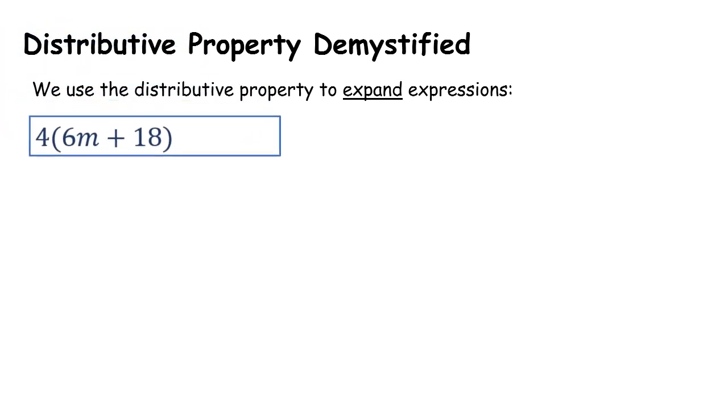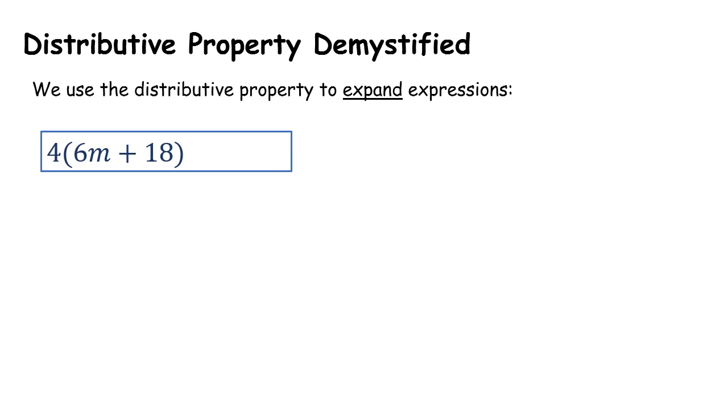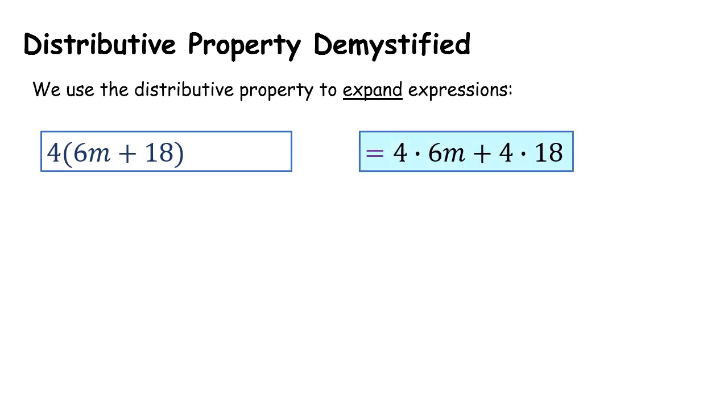We use the distributive property to expand expressions. Expanding means to break them apart. So here is another example. We have 4 as the multiplier times 6m plus 18. The 4 is going to multiply the first term, 4 times 6m, and it's going to multiply the second term, 4 times 18.